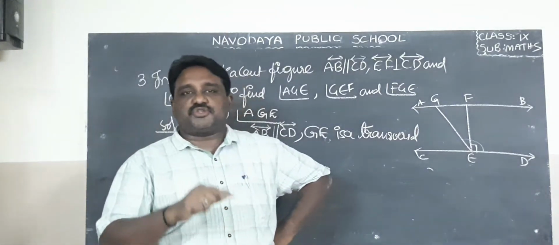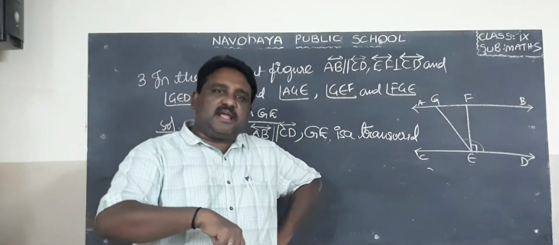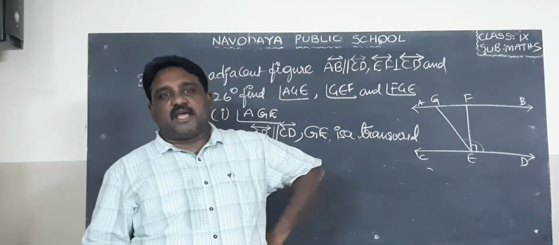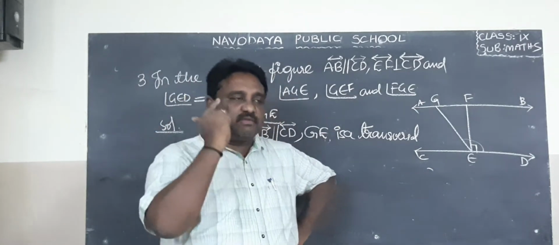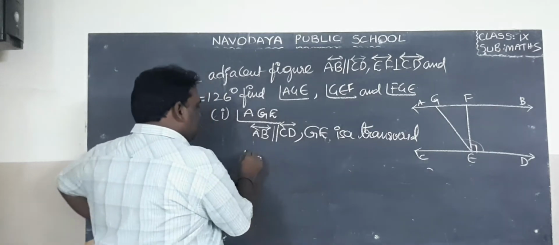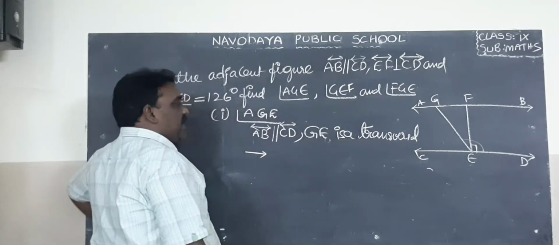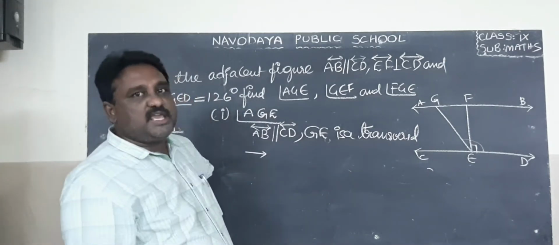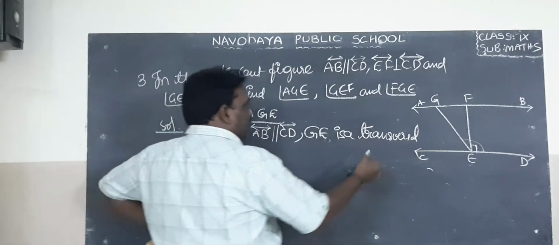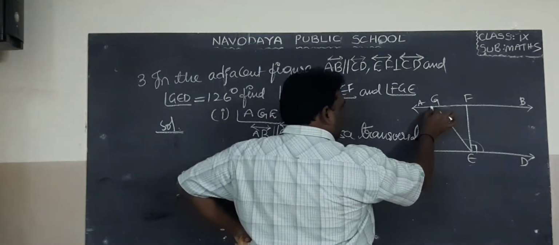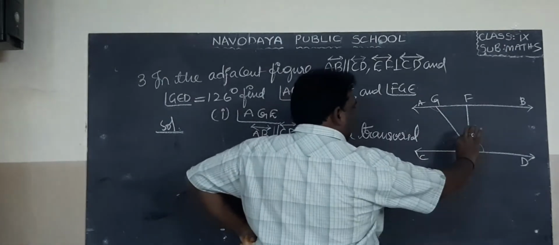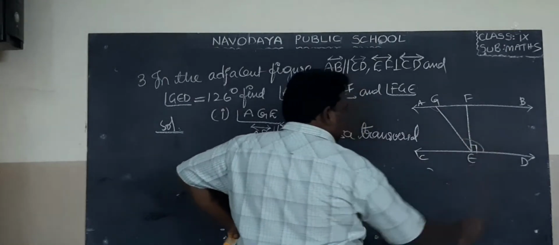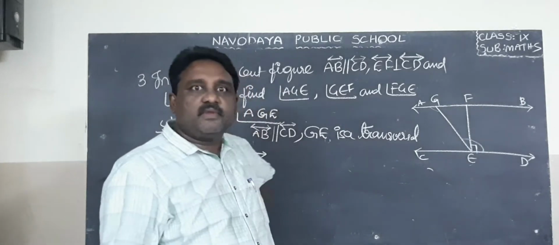We think about corresponding angles, alternate angles, vertically opposite angles, interior angles on the same side of the transversal. We think about everything. So here, see the diagram. AB parallel to CD, GE is a transversal. So then, what are the angles equal? Angle AGE and angle GED both are equal.